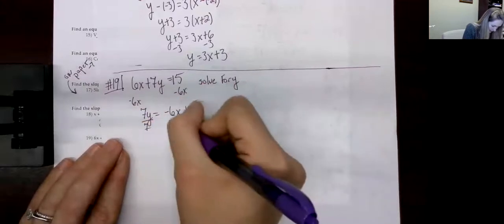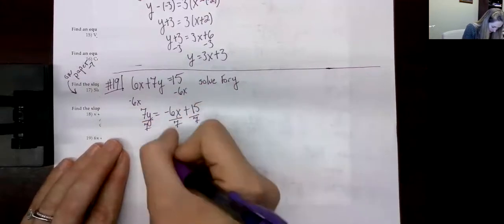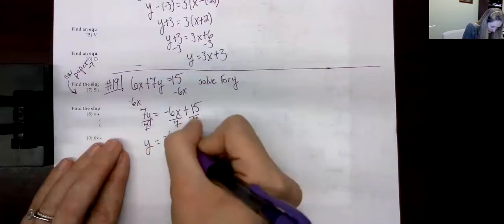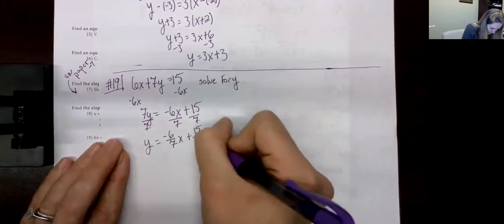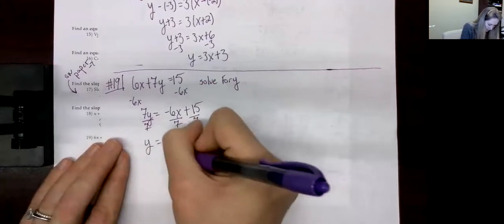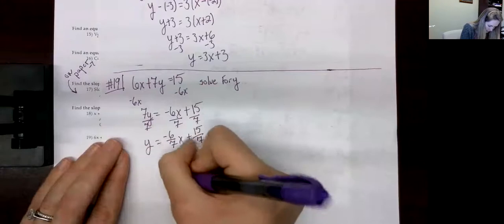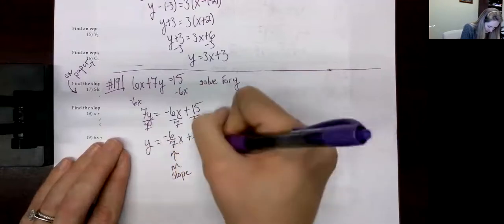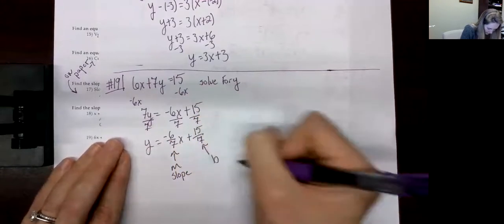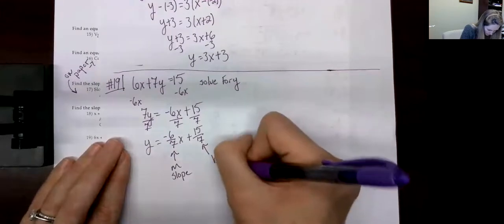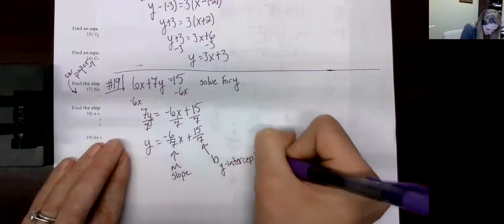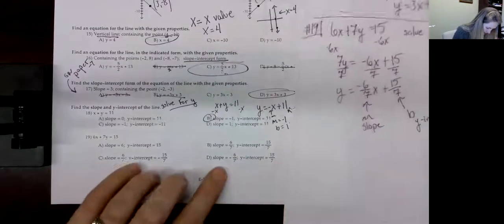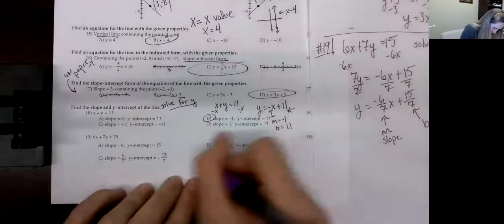Divide by 7. So y equals negative 6/7 x plus 15 over 7. Whatever is with x is our slope. And then our y-intercept is what's at the back. So we have negative 6/7 and a positive 15/7.